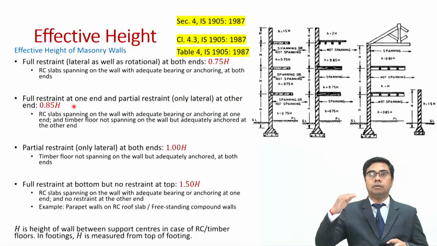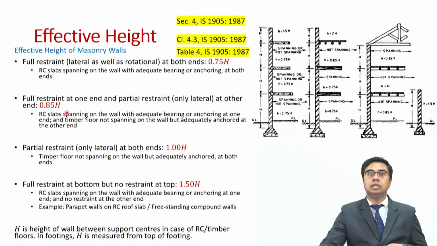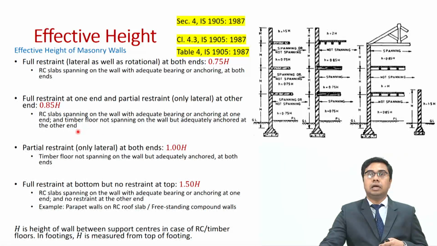Let us say if you have a reinforced concrete slab spanning on the wall with adequate bearing or anchoring at one end, that will give you a full restraint at that end, but at the other end you have a timber floor which is not spanning on the wall or not adequately anchored at the other end, then in that case we say that to be a partial restraint at the other end, and that is why you will have effective height of 0.85 H.